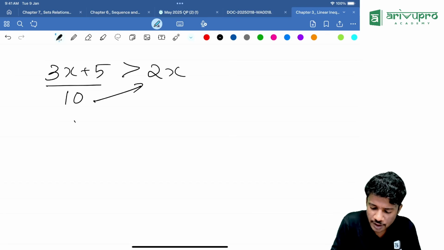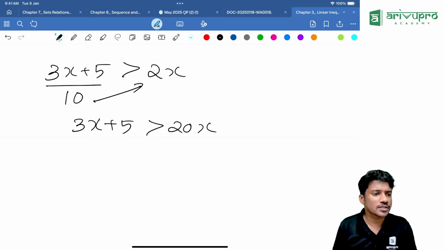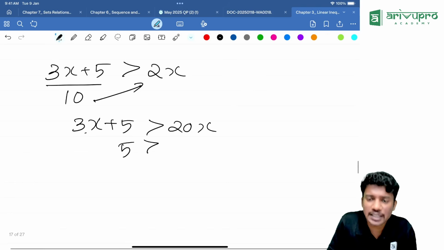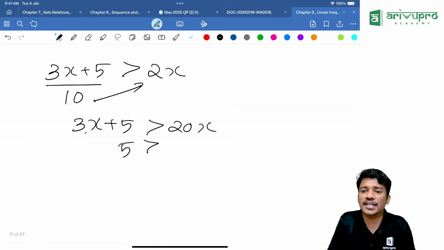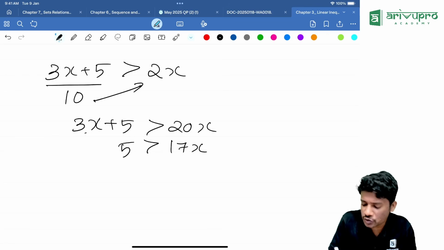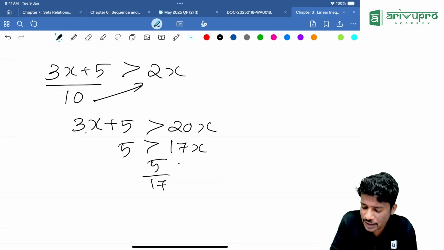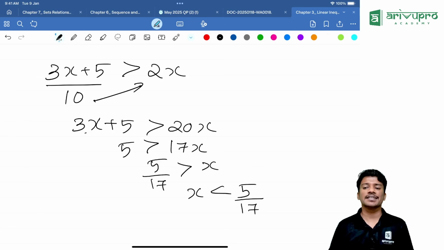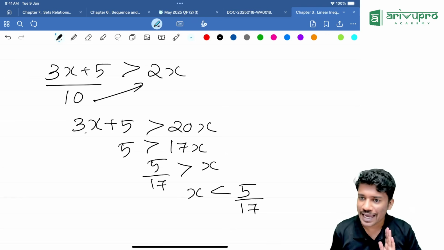What will happen? 3x plus 5 greater than 20x. Then take 3x to the other side. 5 is greater than 20x minus 3x, which is 17x. Then 5 divided by 17 is greater than x. That means x is less than 5 divided by 17. That is the possible value of x.